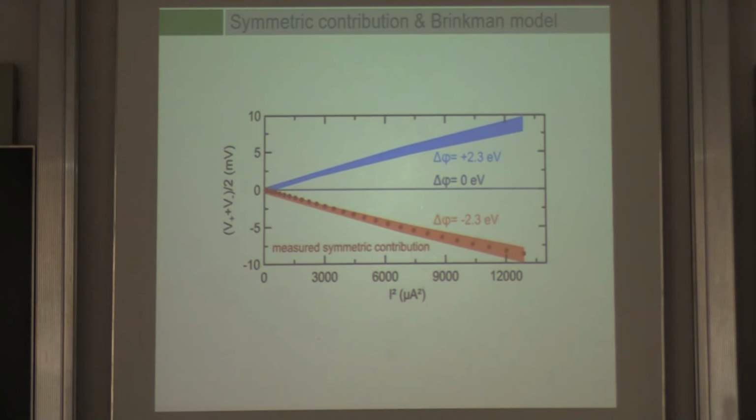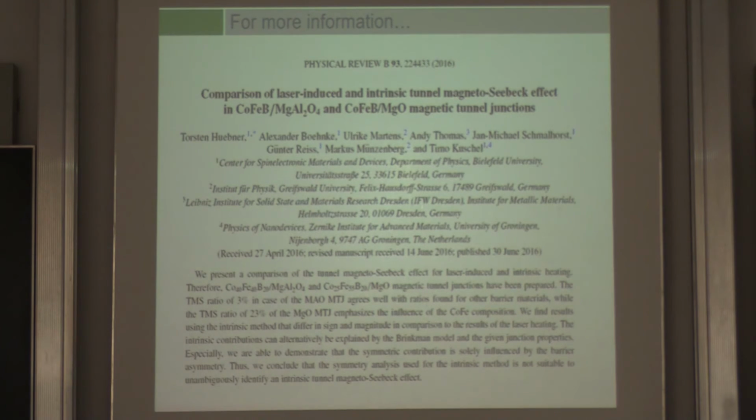So the symmetric contribution in this IV curve that the Zhang and Teixeira group proposed to be the intrinsic TMS is just caused by this asymmetry of your barrier that you get when you deposit your samples. Those results were published a few weeks ago in PRB, and you can have a go and learn something new maybe, and read it and cite it, of course.